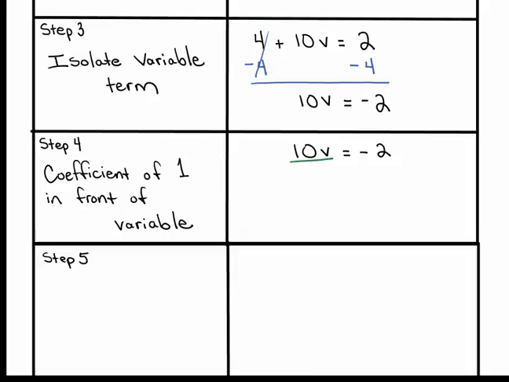In order to do that, since I'm multiplying v by 10, I need to do the opposite operation, which is divide by 10. 10 divided by 10 is just going to give me a 1. There is my coefficient of 1 now in front of my v, so I don't have to write it.